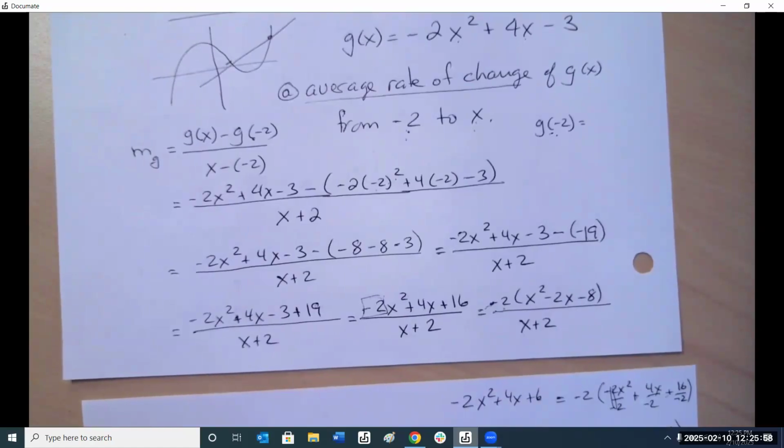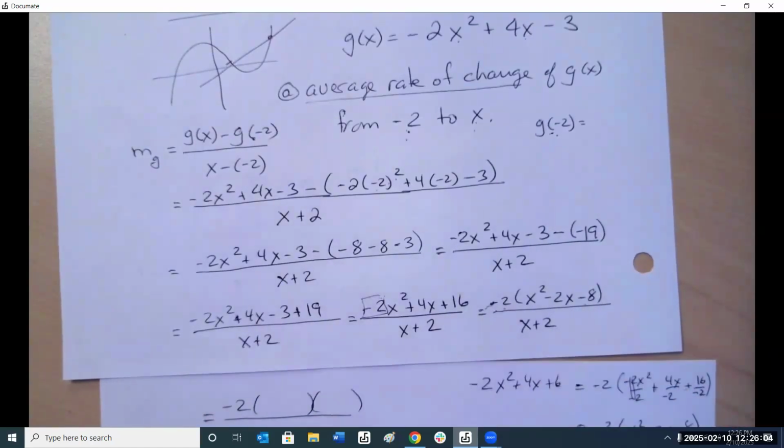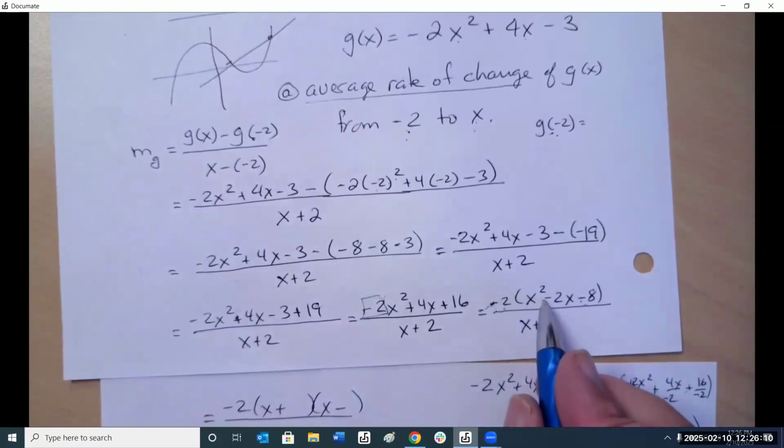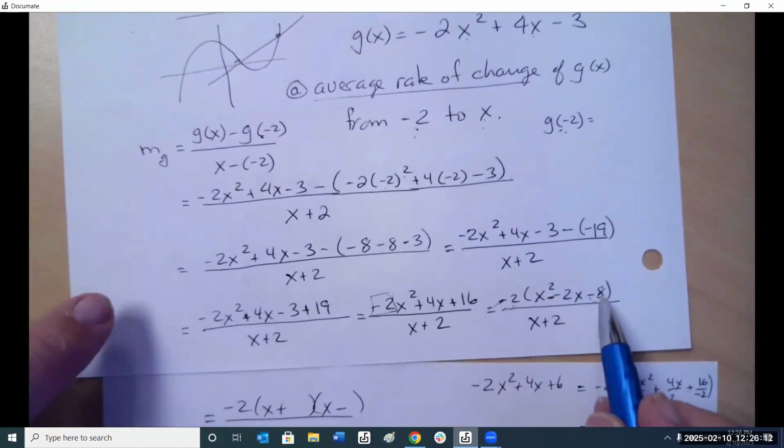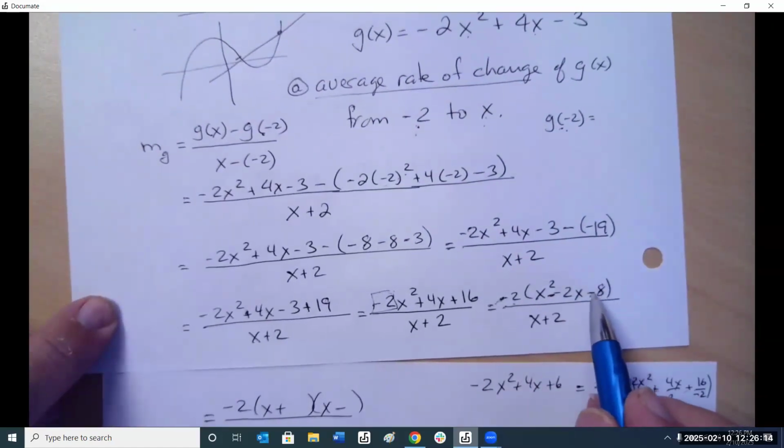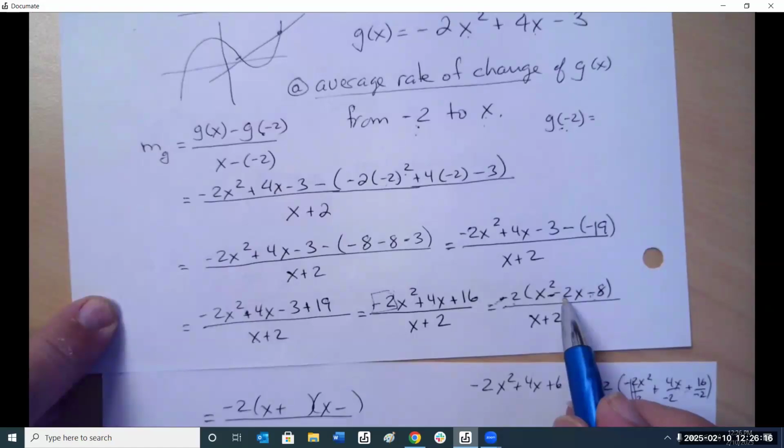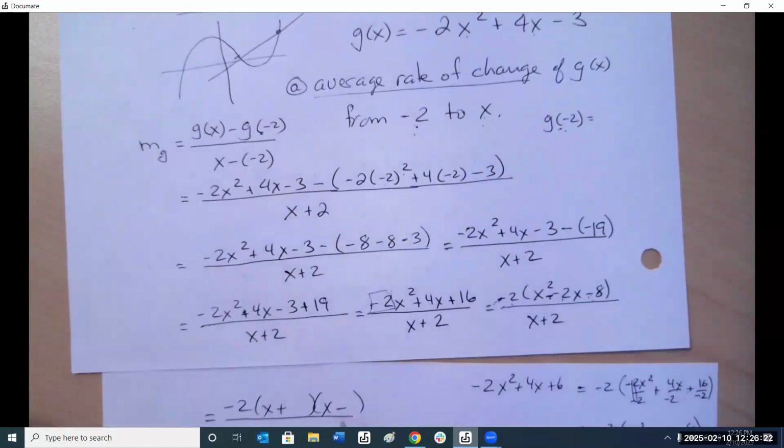So I have, on top, -2. And this can factor out even further. The signs are opposites. One's plus, one's negative. The bigger one's negative. What times what is 8 when you subtract them, you get 2? 4 and 2. And the bigger one's negative. So the 4 goes here, the 2 goes there.